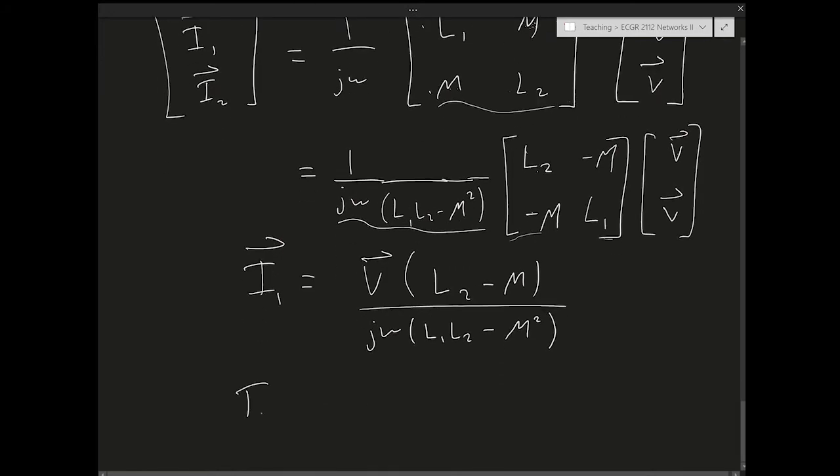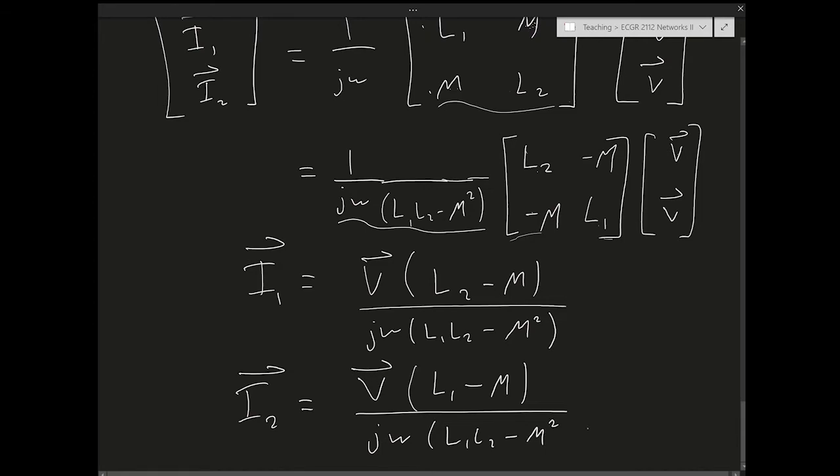And then I2 is going to be V times L1 minus M. I'm just doing the matrix multiplication. That's all. Divided by that same constant, L1 L2 minus M squared.